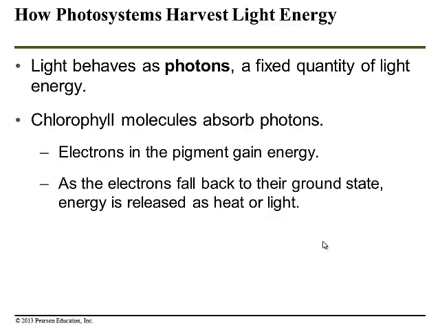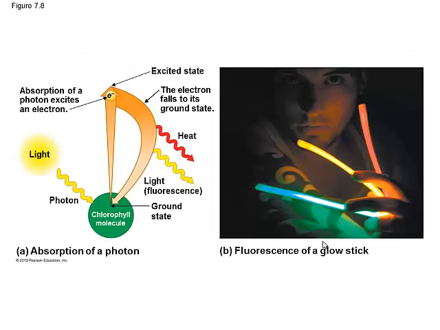As the electrons fall back to their ground state, they lose energy, and energy is released as heat or light. So basically we're exciting molecules when we expose them to light and causing them to bounce around a bit.